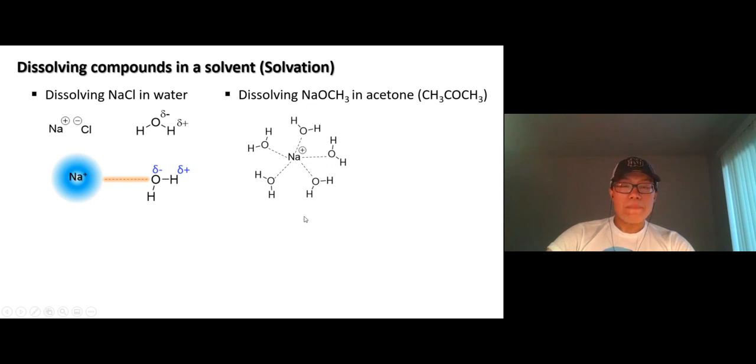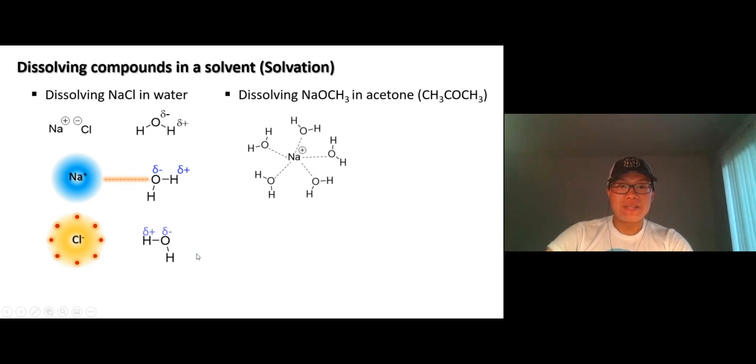Make sure you know how to draw this structure right here. If I ask you on the exam, can you draw the solvation of sodium ion in water? You should be able to put the oxygens around sodium like that. Chlorine is the opposite, though. Chlorine is negative, so water can't use its partial negative oxygen on chlorine. They're going to repel, so they can't form an interaction. What is water going to do?